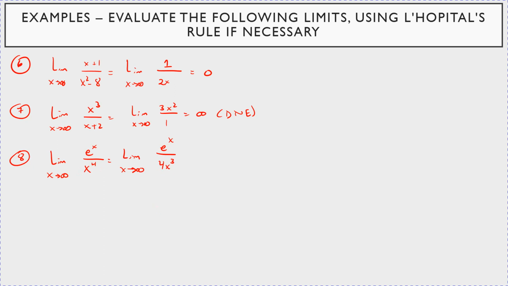Again, infinity over infinity, so L'Hopital's rule again. Again, infinity over infinity. So with the last L'Hopital's rule, you end up with e to the x over 24, which you can see just still increases without bound. So that also goes to infinity.